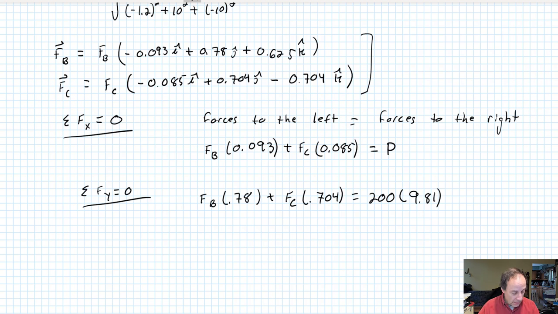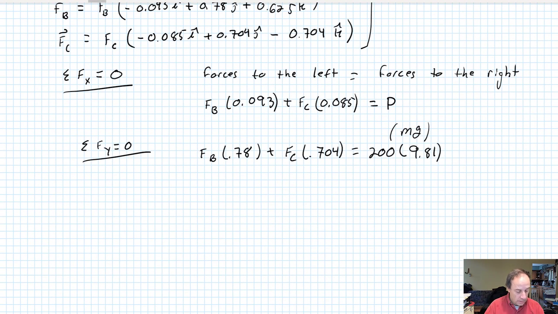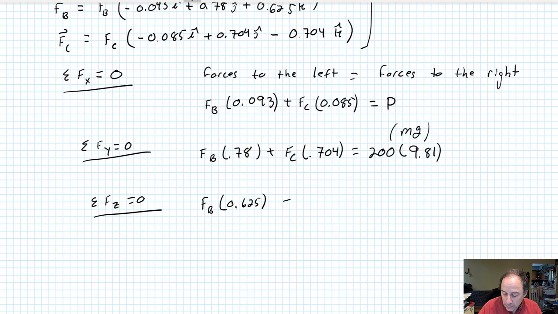These were up equals down. Okay, mg. And then sum of the forces in the z. Magnitude of B times its unit vector equals the magnitude of C times its unit vector.